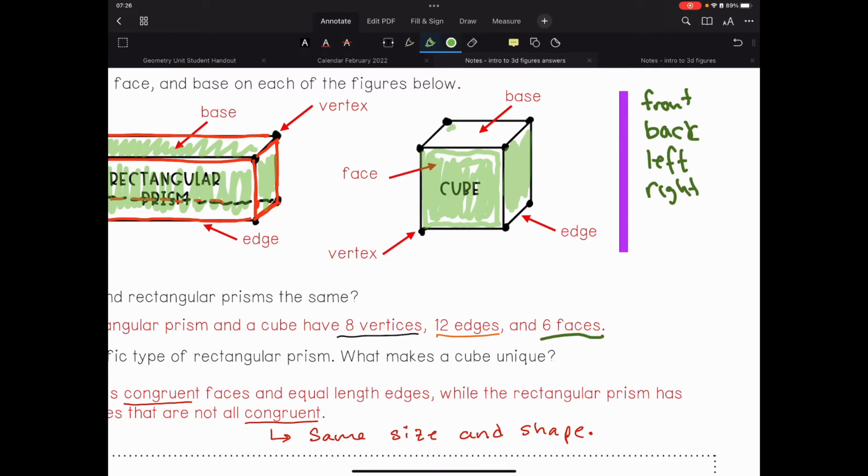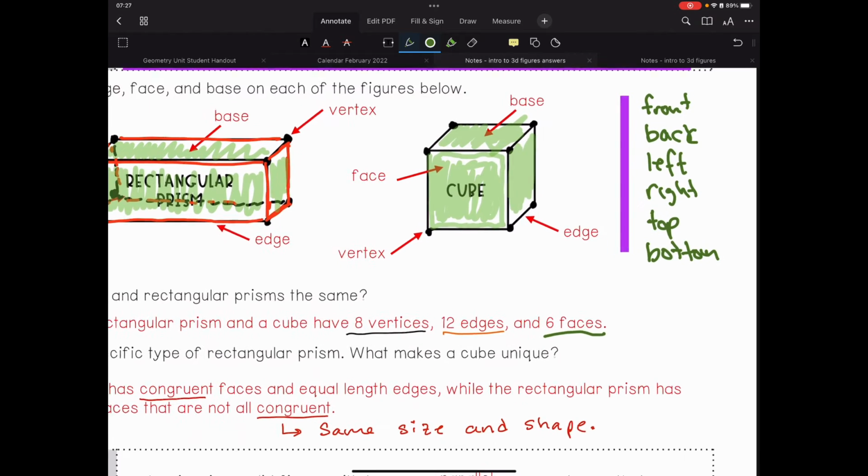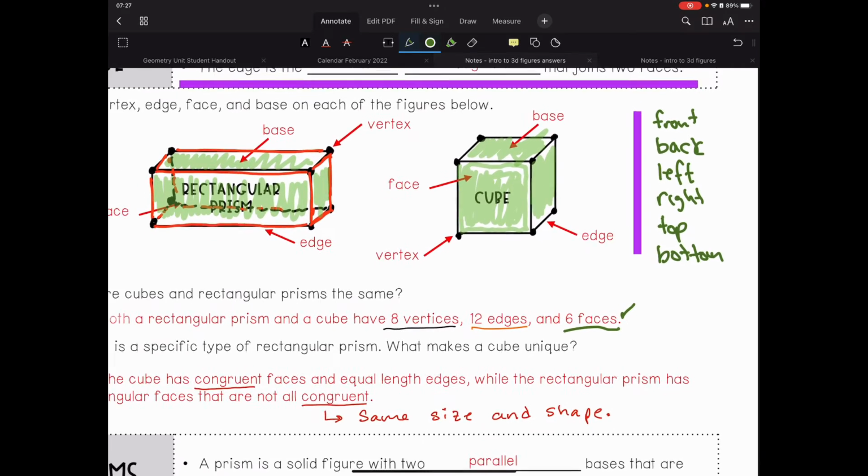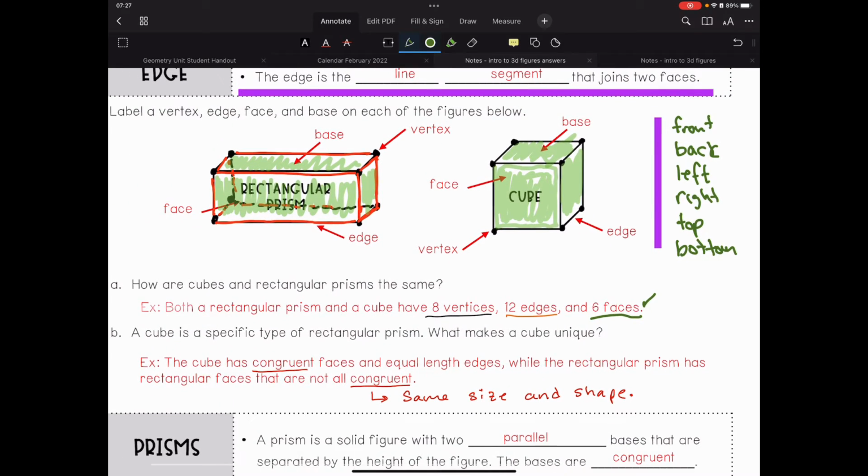And then there's also the top face, which is a base, and the bottom. So top and bottom, and they are base faces. Okay, so there's 6 faces. So that's how rectangular prisms and cubes are the same.